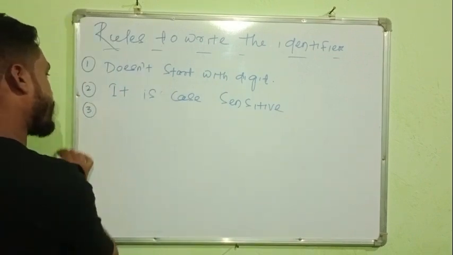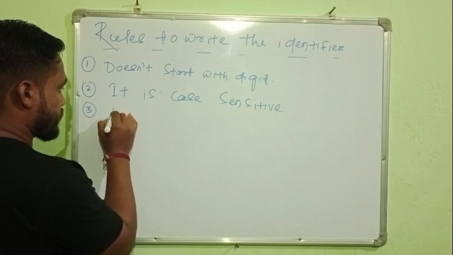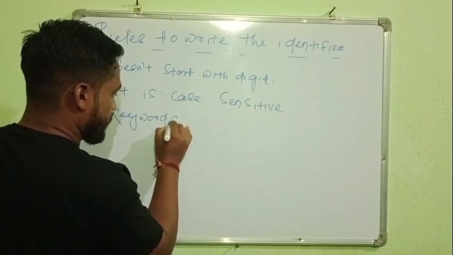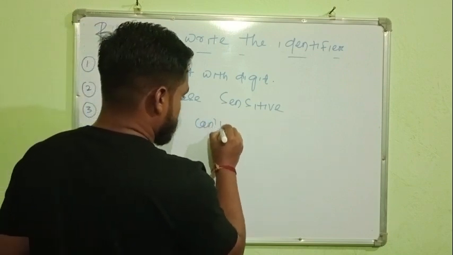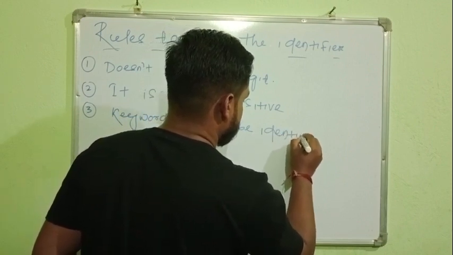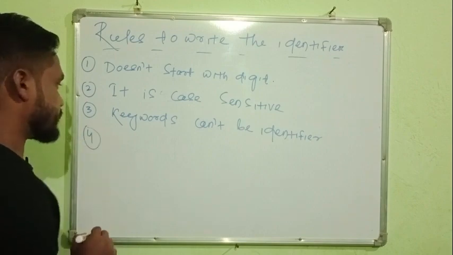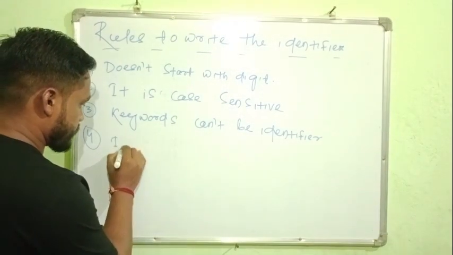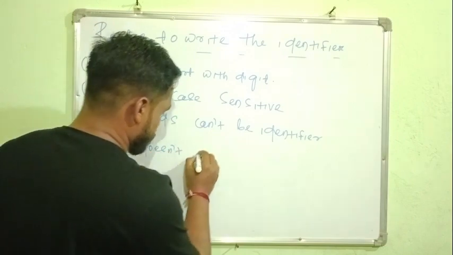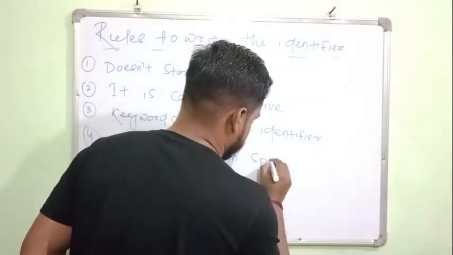Third point will be keywords can't be identifier. Fourth point, it doesn't contain space.